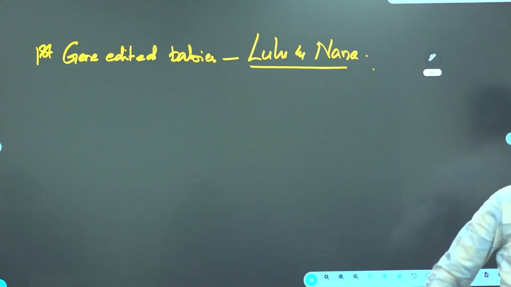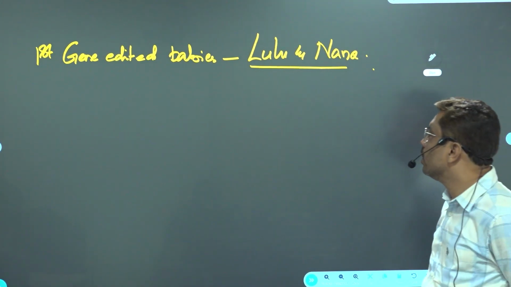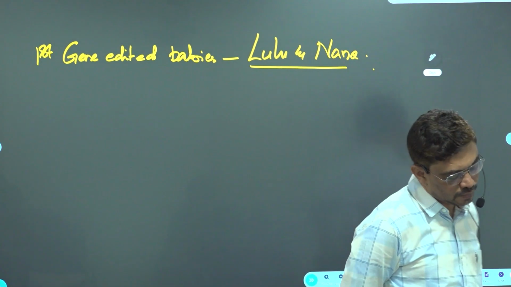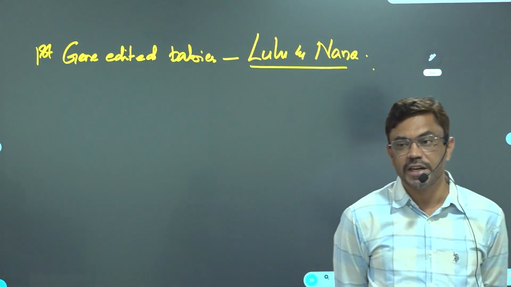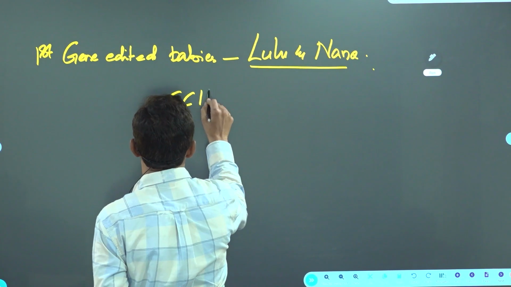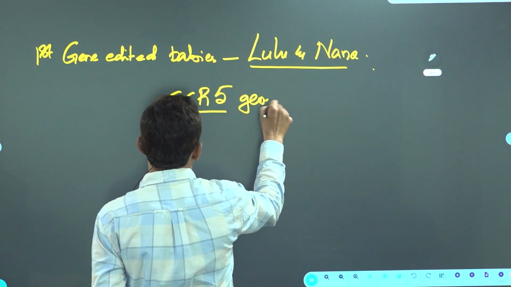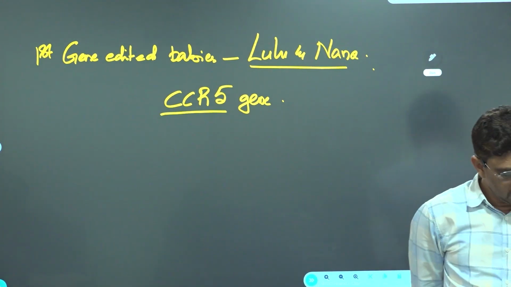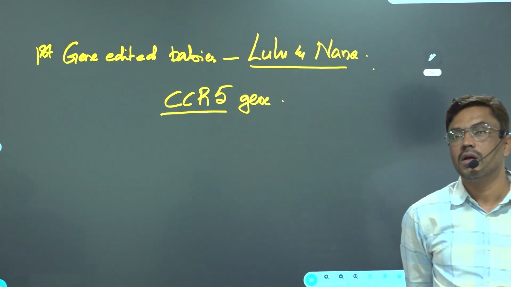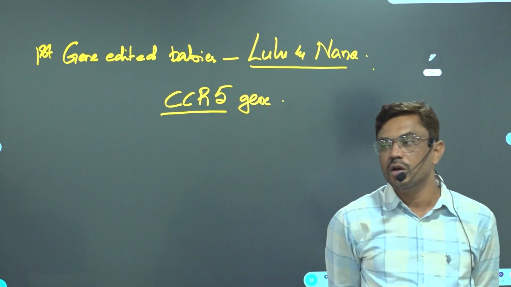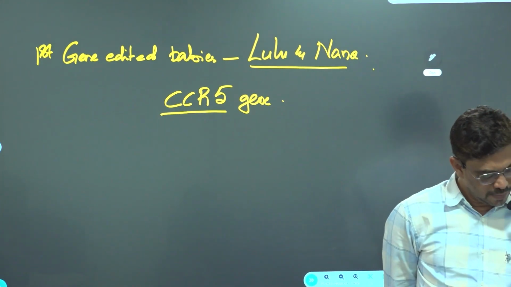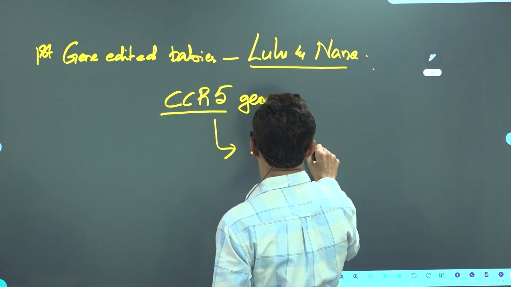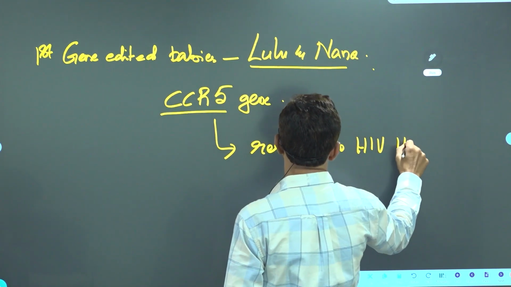The CRISPR-Cas9 technique was used to modify the CCR5 gene on the embryonic cells of the couple, to make them resistant to HIV virus.